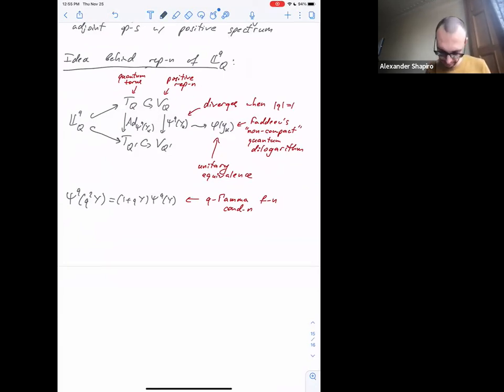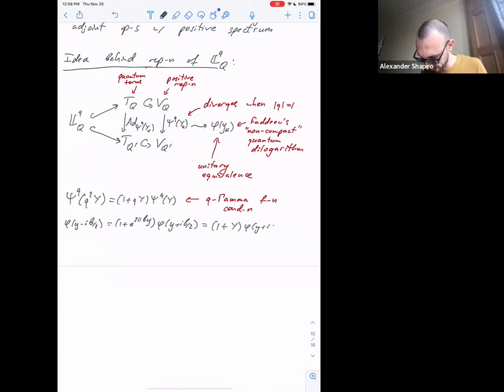So the same thing will be: phi of y minus iB over 2 is 1 plus e to the 2 pi b y times phi of y plus iB over 2, or the same as 1 plus uppercase Y times phi of y plus iB over 2. We see that it's really just the same equation written here, maybe with a shift by q, so we just replaced y by q inverse y.